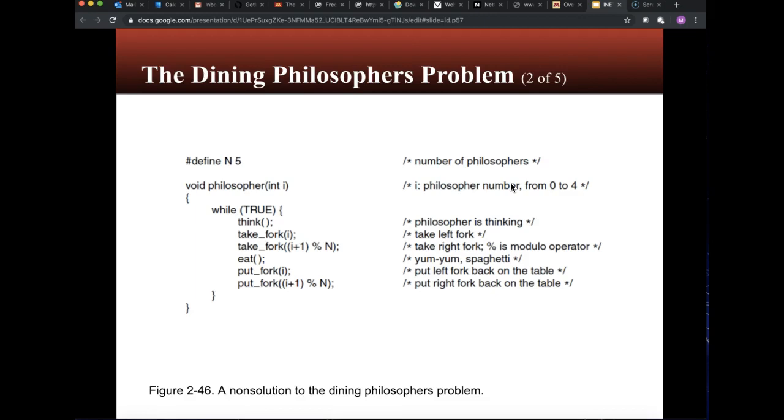Once you have both of those, which are blocking calls, then I eat. And I eat for a certain amount of time. That's not really set in here, but each should have a timer on it. Because otherwise you could eat until you're done, and then you go away, and that defeats the whole purpose. As you put the forks down, or the chopsticks down, it rotates to the next one, and we keep moving on and on.